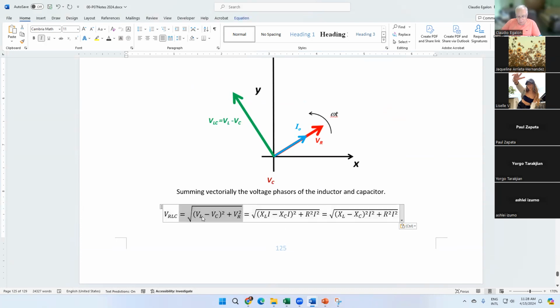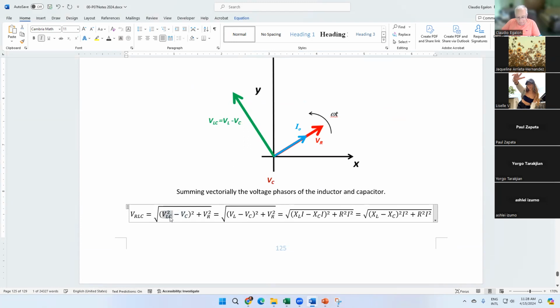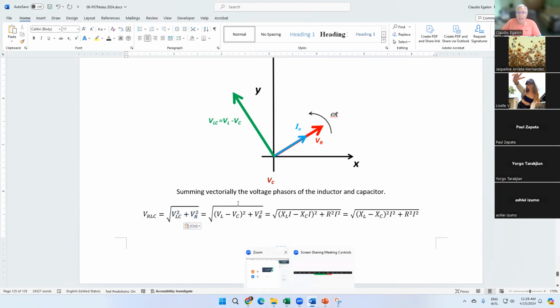It should be the phasor VLC square. Can you picture that? It's not difficult to picture, right? Plus the VR square, right? Which, by the way, is VL minus VC square. This is a right angle triangle, right?